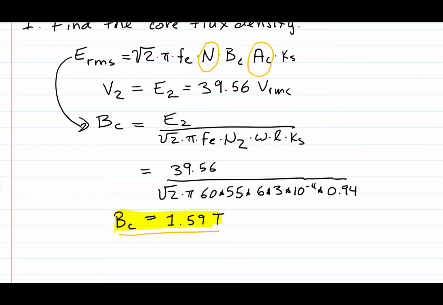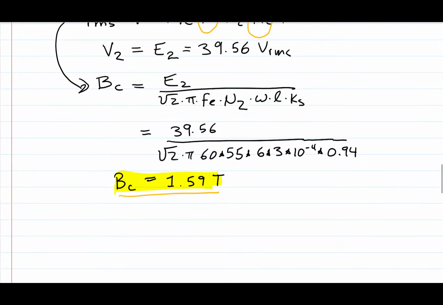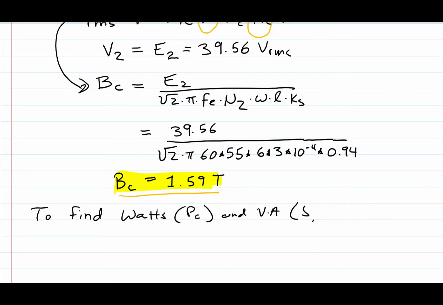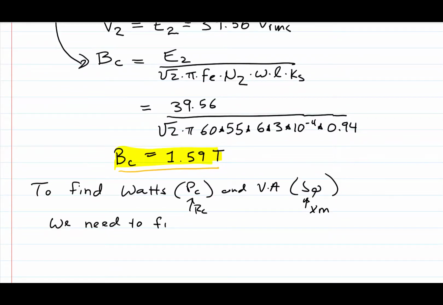Now, in order to actually find the watts associated with the core loss and the volt amperes associated with the excitation, which is what we're going to need to find the core loss resistance and the magnetizing reactance, we need to find how much that core weighs. We need to find the core mass.